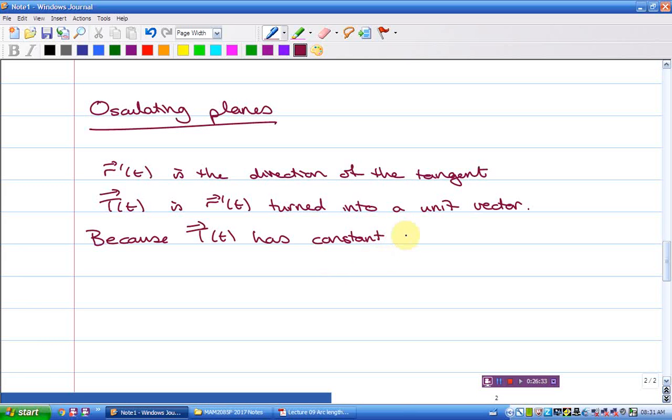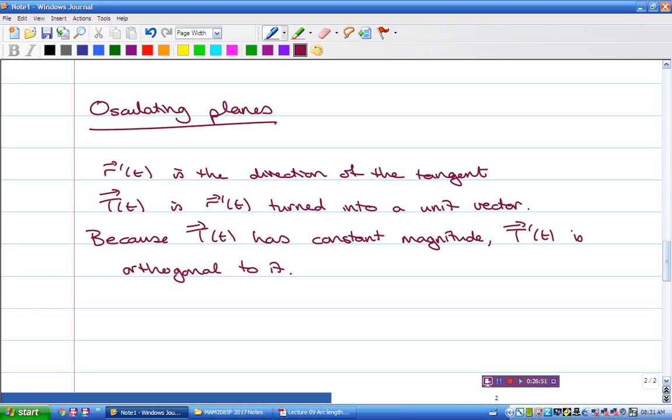So because big T has constant magnitude, T dash is orthogonal to it, which is something I gave to you without proof earlier.